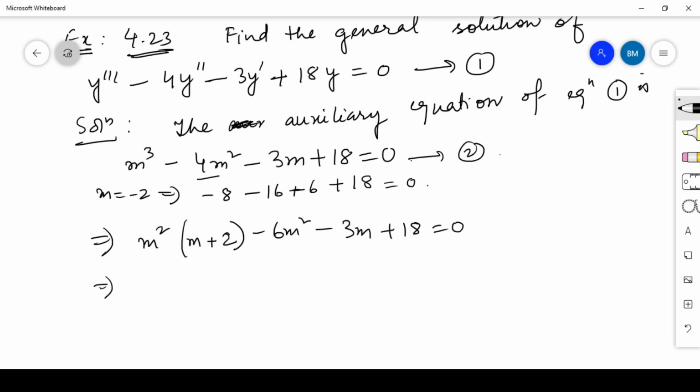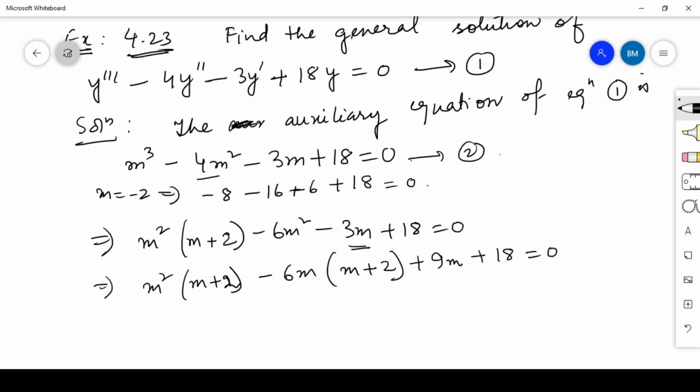That also you can do. So that is up to you. How do you find the roots? Minus 6m (m plus 2). So it is actually minus 12m, but there was minus 3m, so I have to write plus 9m, so that their sum is minus 3m, plus 18 is equal to 0.